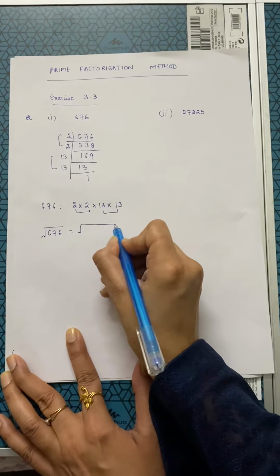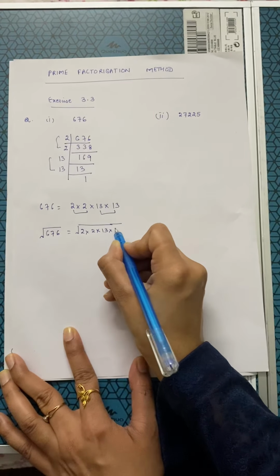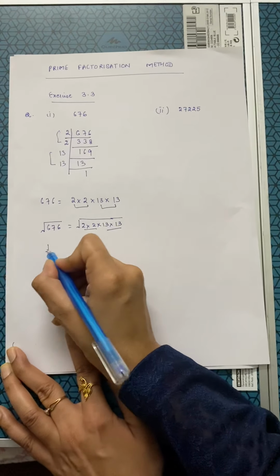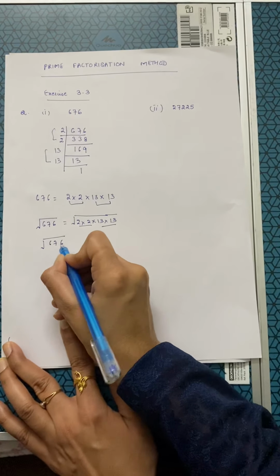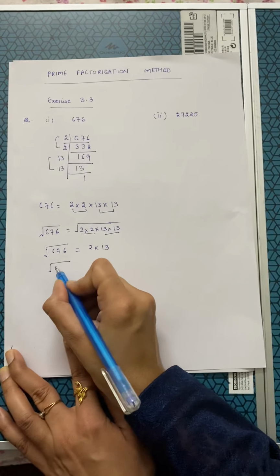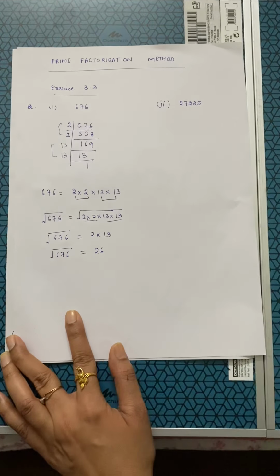I will write this number inside the square root itself, and when the pairing is done, I'll remove the square root sign and take the digits out of the root symbol. So 676 gives 2 into 13. The square root of this number will be 26.